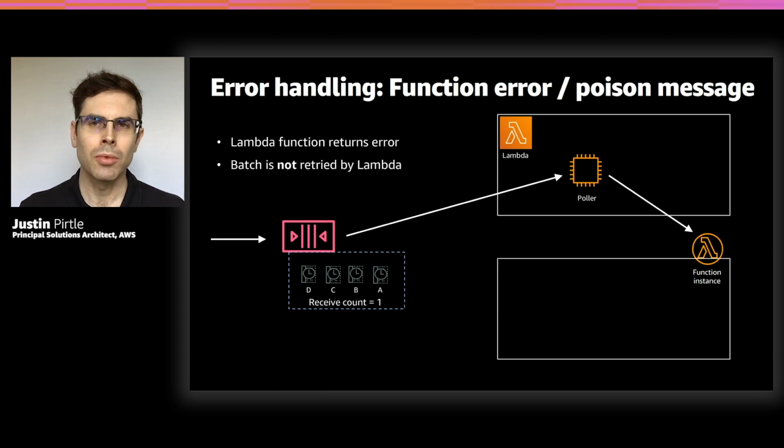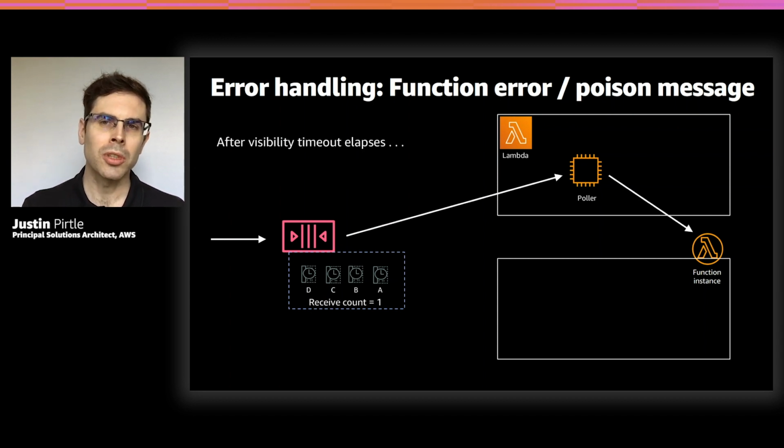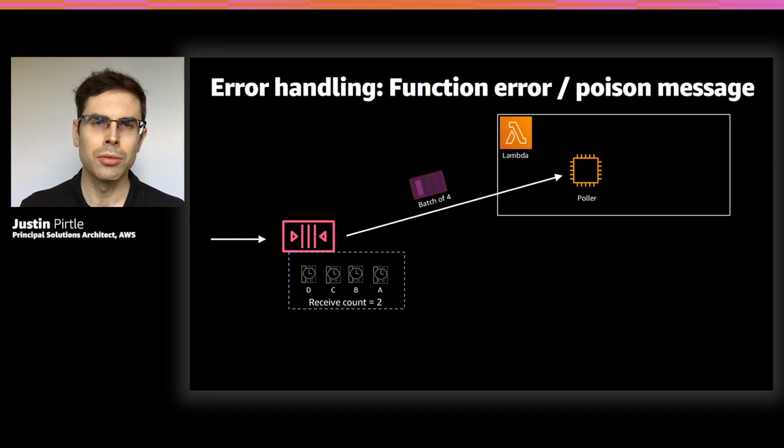And in this case, what will happen is we need to wait for the visibility timeout to fully elapse, and only after that timeout elapses do these messages become visible again and picked up by Lambda. And so you can see our receive count is now equal to 2 since they've been received more than once.